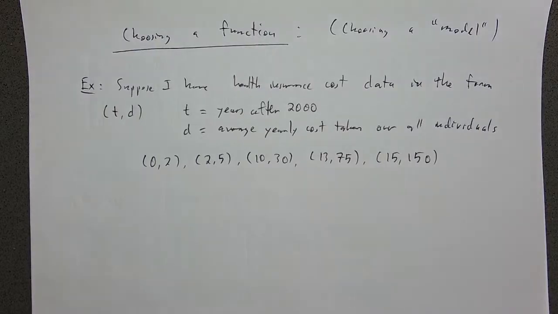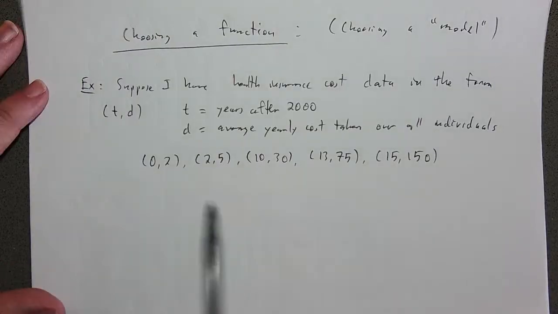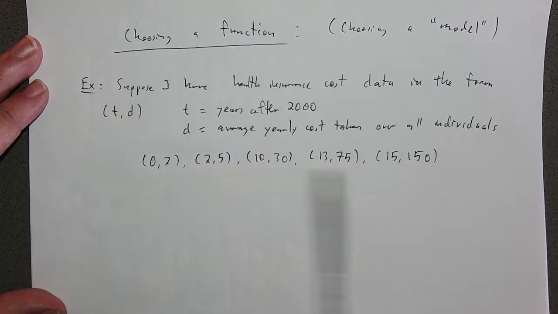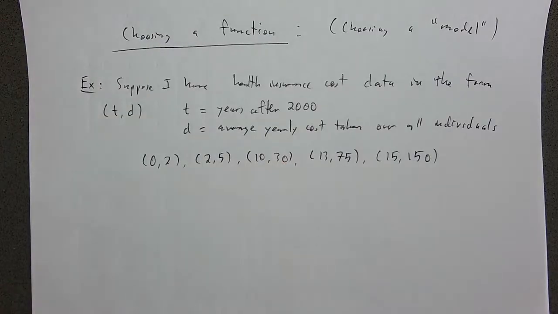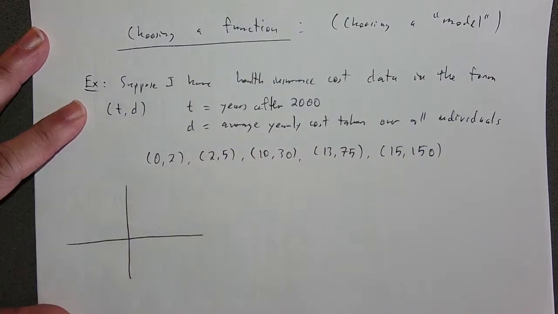Okay. And you might notice that when you start plotting this, one thing that you're running into is that there's a scale issue between the axes here. The T and D axes are not scaling at the same rate because the D seems to be growing much faster than the T. Okay, and so when you go to plot this, the picture you would get would be something like this.